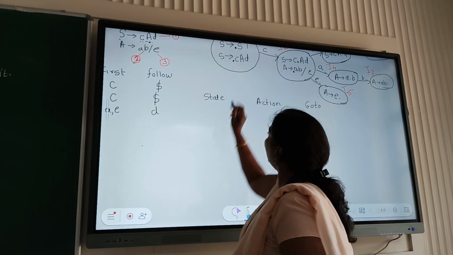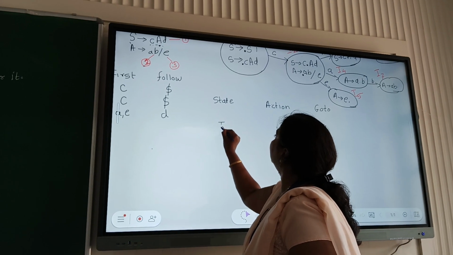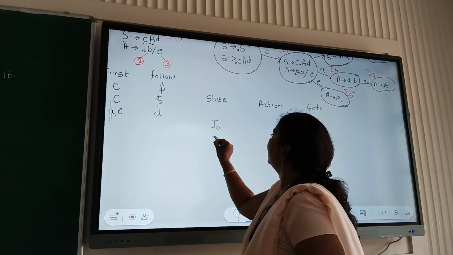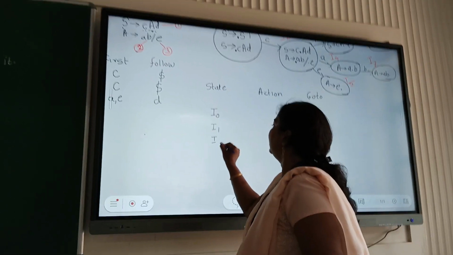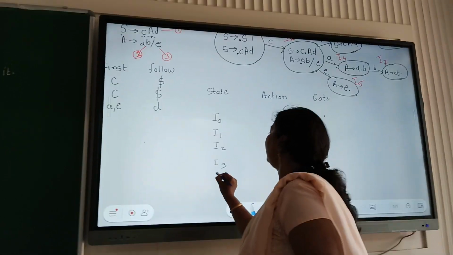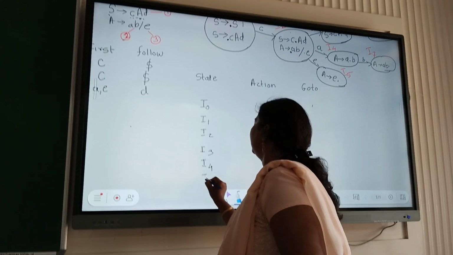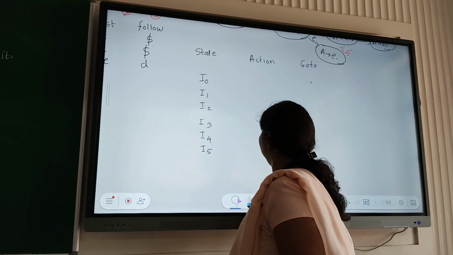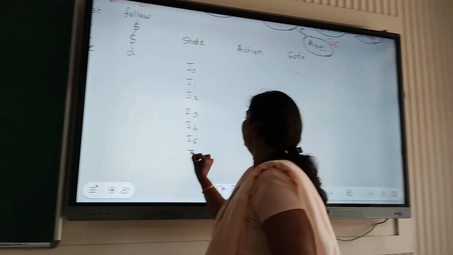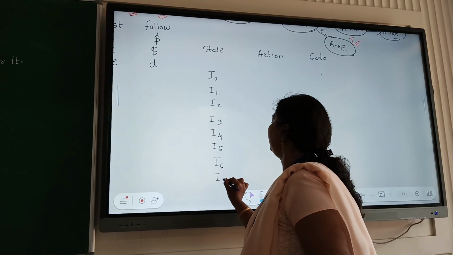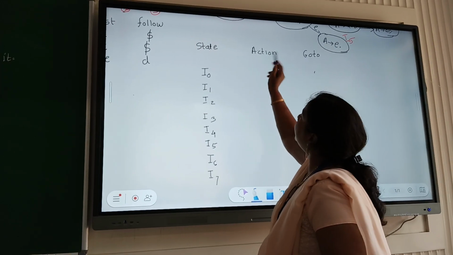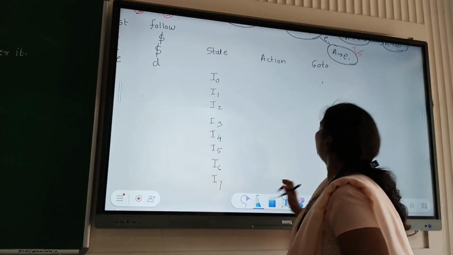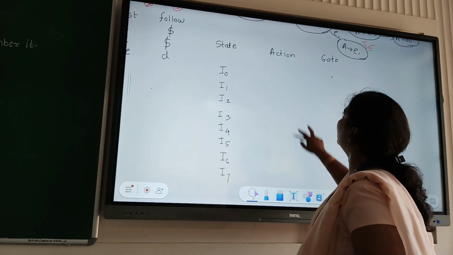Now state all these 7 states: write I0, I1, I2, I3, I4, I5, I6 and I7. Then in action, you require to write the small nodes.